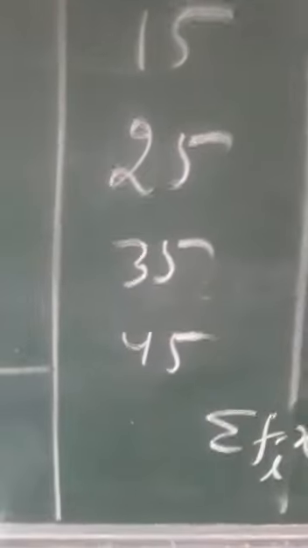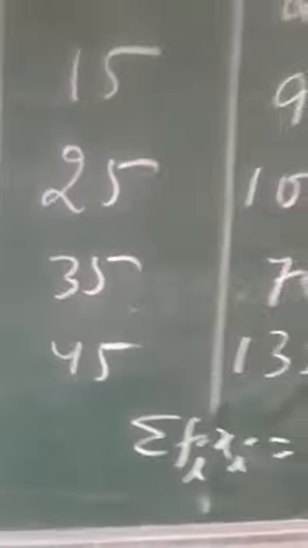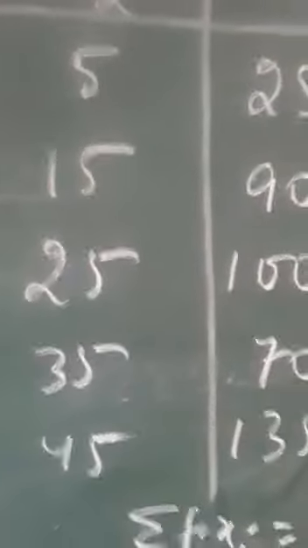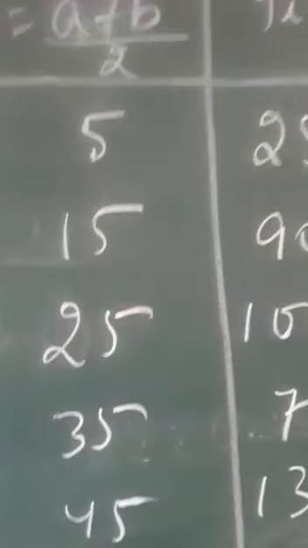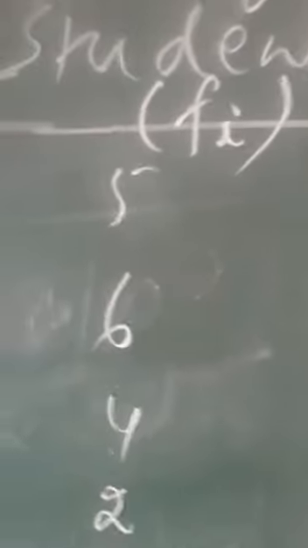And if we add 10 to 35, we get the last value. So by simply calculating the first value, you can obtain all the class marks. After obtaining all the class marks, which are representing xi, the value fi is the corresponding frequency for each class interval.